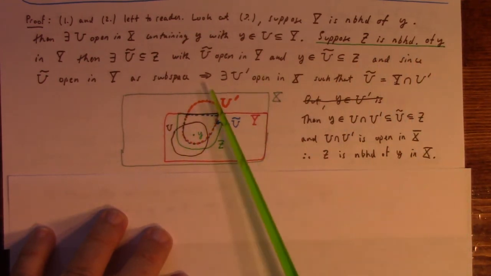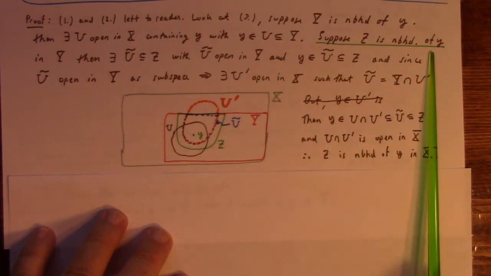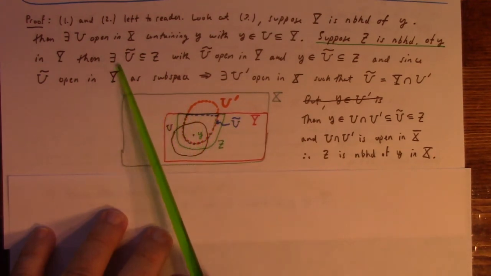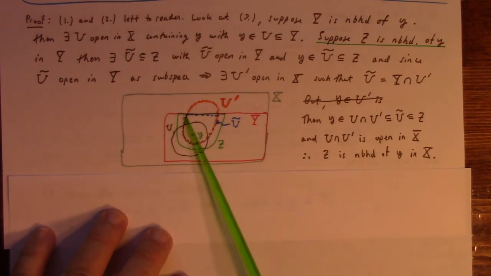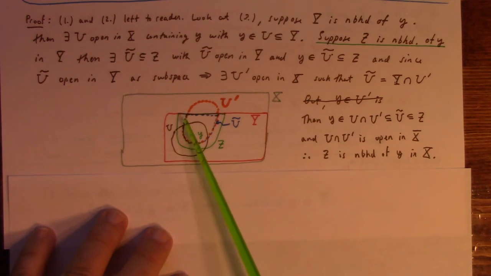Next up, suppose Z is a neighborhood of little y in Y. That means there exists a U tilde, which is a subset of Z, which I've made this blue dotted line here. See that blue dotted thing? That's the U tilde.